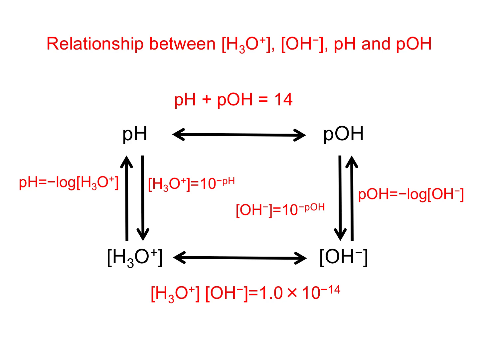But we can see, for any given solution, we can go back and forth between the pH, the pOH, the H3O plus, or the OH minus using the equations that we've talked about. So if I have a particular solution and I know the pH and I want to know the pOH, or vice versa, I can always use this equation to go back and forth.